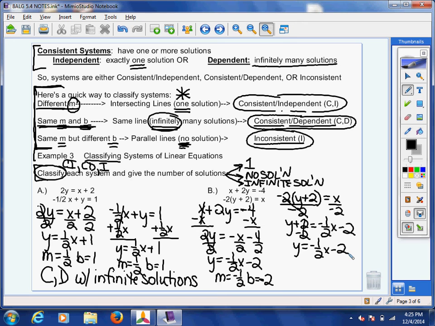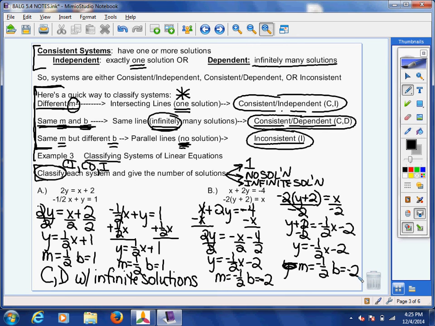And so as you're looking at that, do you see, whoop, I didn't mean to write that. Let's do m is -1/2, b is -2. Again, do you see what I'm seeing? Same slope, same y-intercept. Are you seeing that?